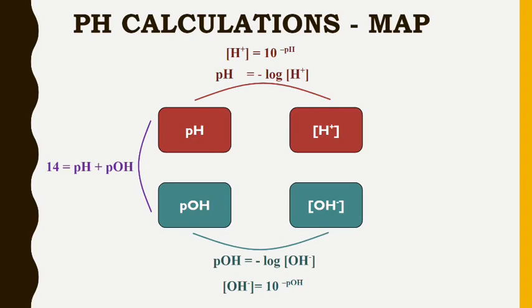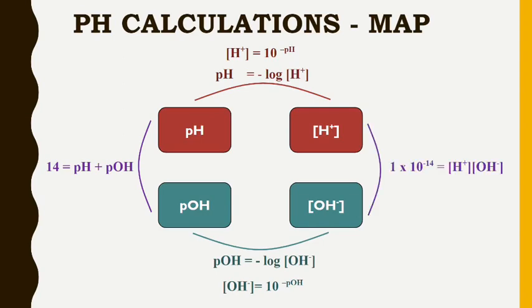So if I was given OH concentration and asked for the pH, I could turn OH into pOH and then do 14 minus that pOH to figure out what my pH is. Same thing if I was given my H plus concentration and asked for my pOH, I could find my pH from that and then find my pOH. And that's what I would really recommend we do.